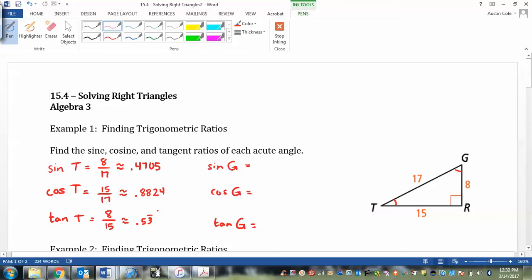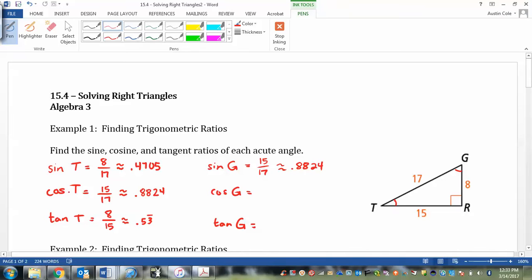Okay, so now if I do sine G, sine is opposite over hypotenuse, so that's going to be 15 over 17. And if you recognize, guys, we already did 15 over 17. That is 0.8824. In last class, we already talked about how the sine of an angle is going to equal the cosine of 90 minus that angle, which we essentially just showed there.